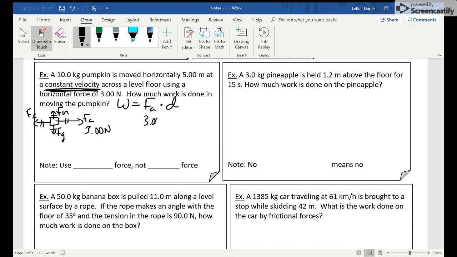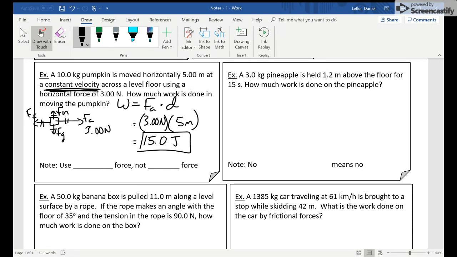So 3.00 newtons times our distance, which is 5 meters, and so we get 15.0 using significant figures. And then we're finding work, so it's going to be in joules. So there is our answer there.